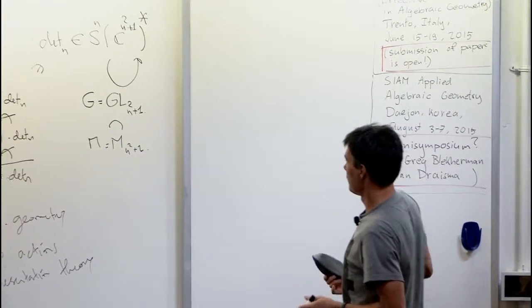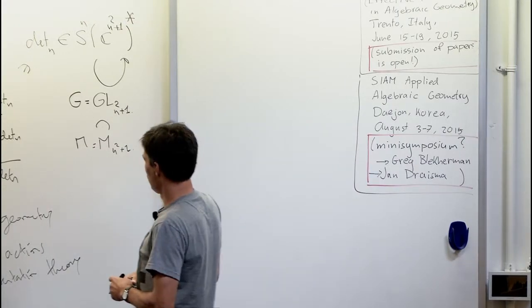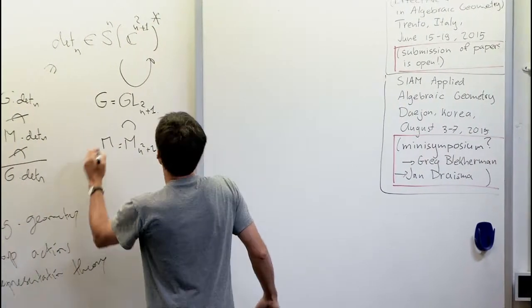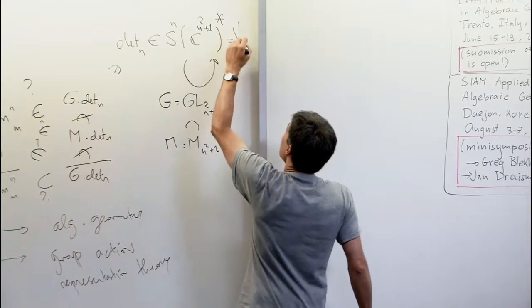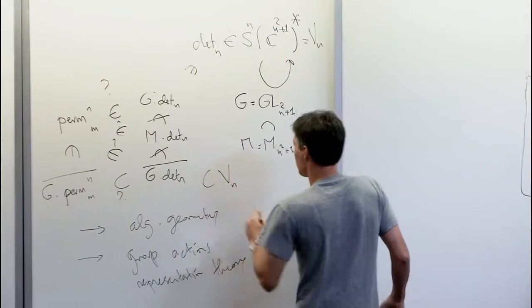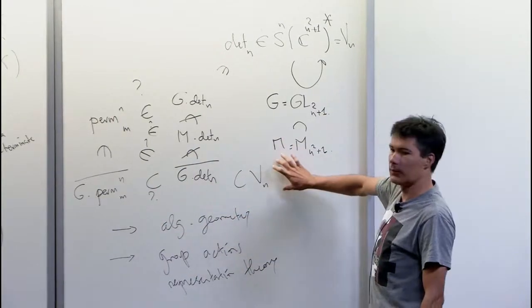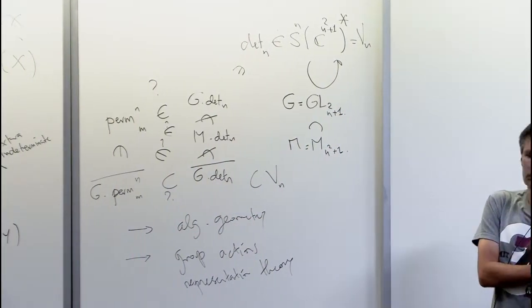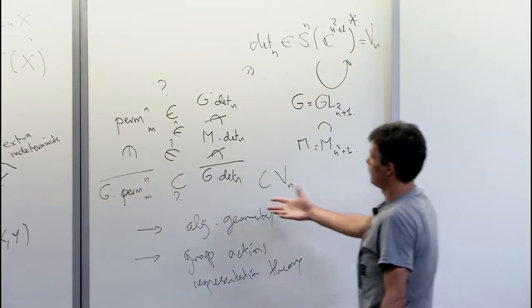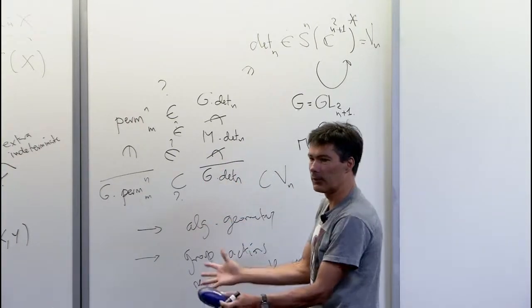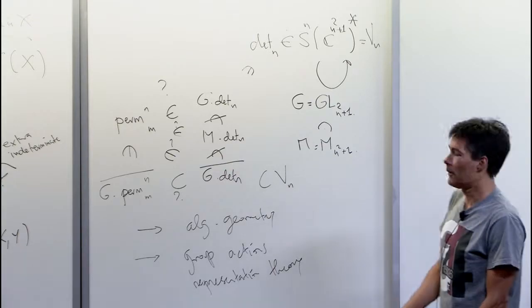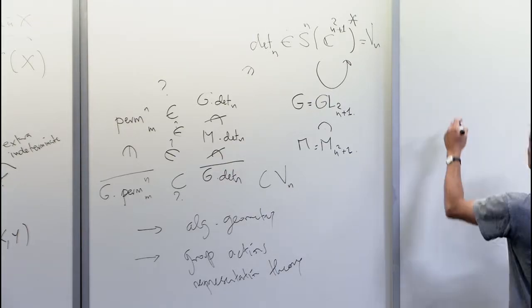So what can we do now? In general, we have two, in this big space here, maybe call it Vn. We have two algebraic subvarieties of this space, and we would like to distinguish them. Are they separated, or is one contained in the other? What could we do?